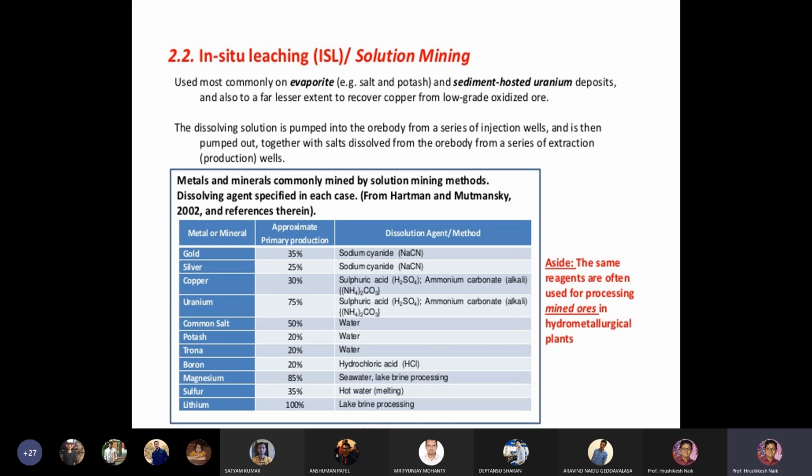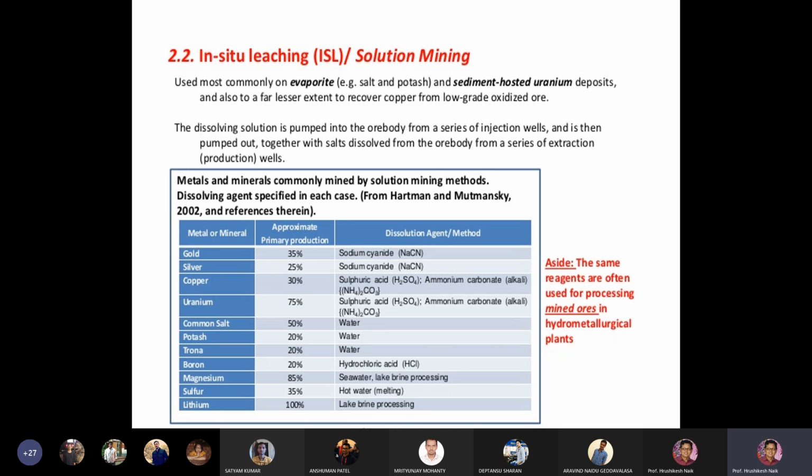Magnesium also can be mined by in situ leaching, where you get high production. 85% production is obtained from the seawater lake brine processing method.